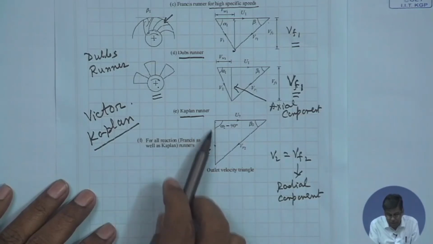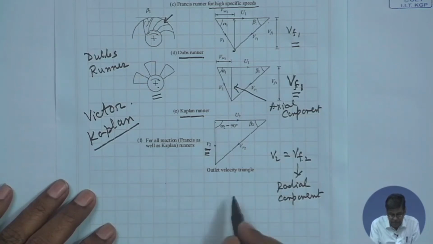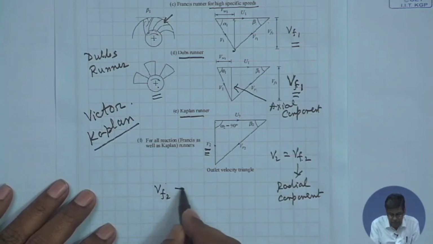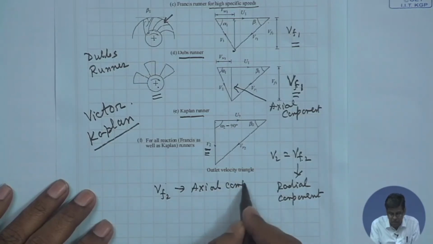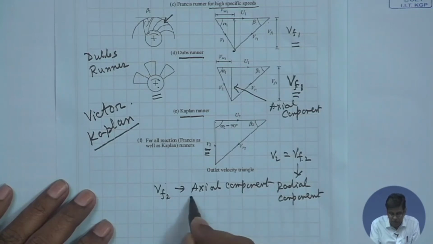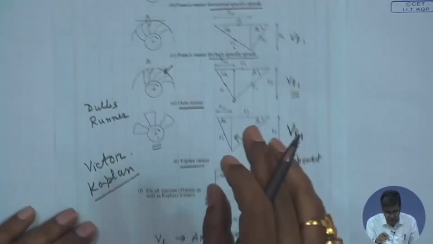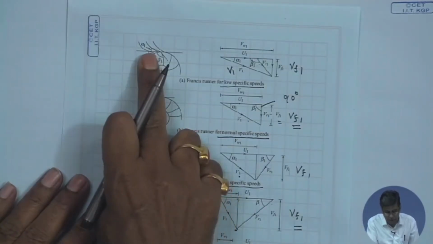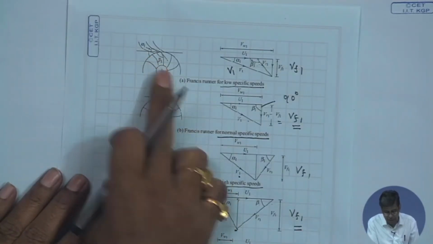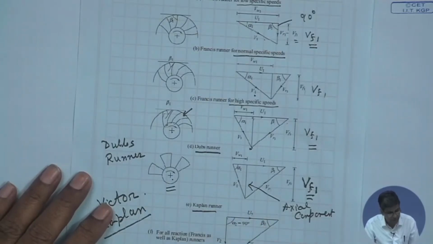So this absolute velocity, equal to the flow velocity, for Kaplan and Dove's runner, Vf2, is the axial component. So, we see how the concept of axial flow turbine evolves from that of a purely radial flow runner with the increase of specific speed or with the decrease of head available at the turbine inlet.